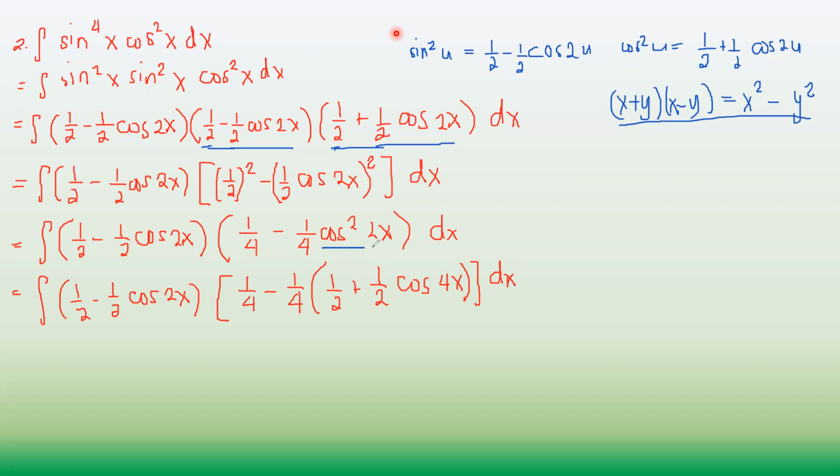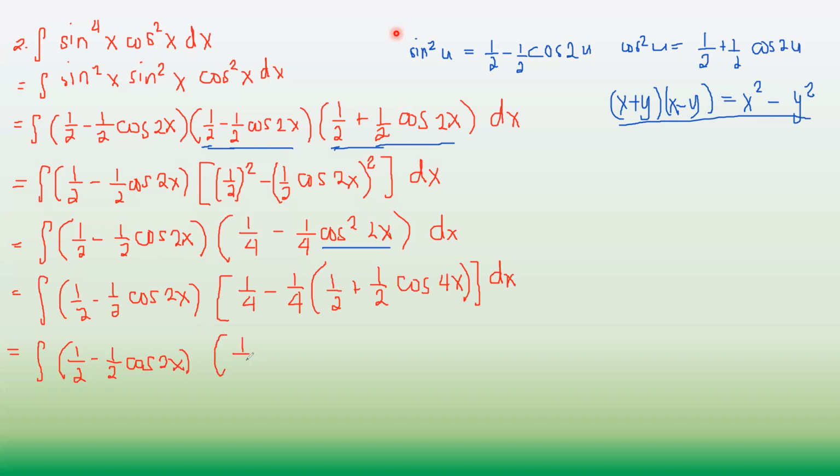Ito yun, cosine squared u. So 1/2 plus 1/2 cosine 2u. Kaya meron tayong 4x. Isa pa. Integral of quantity 1/2 minus 1/2 cosine 2x times the quantity.